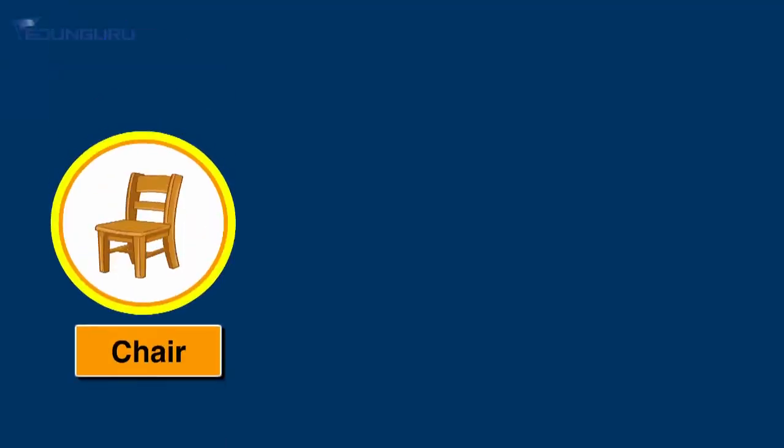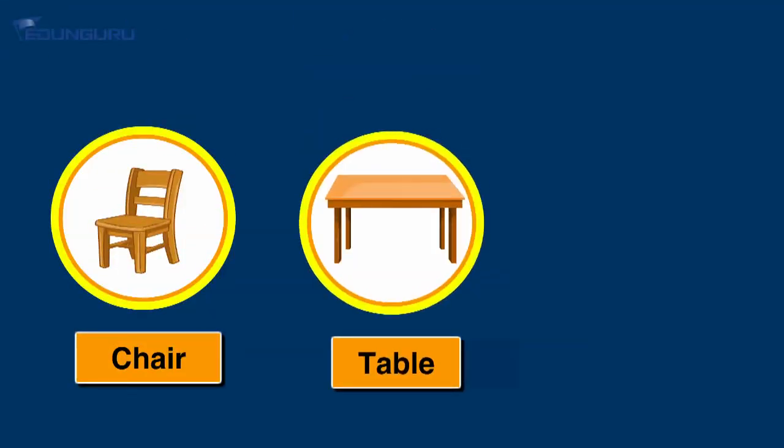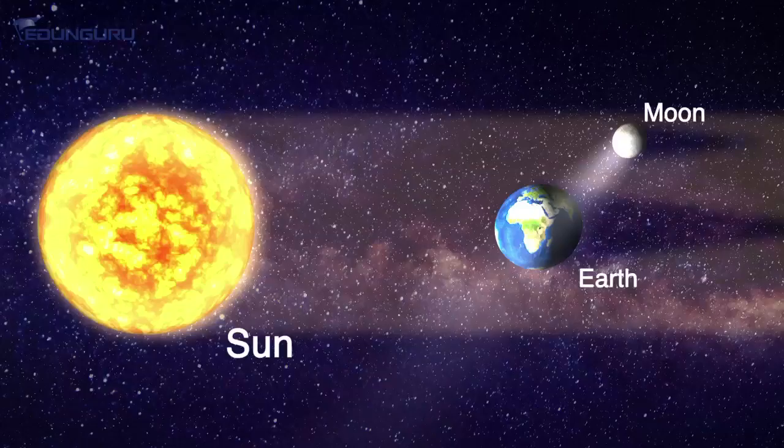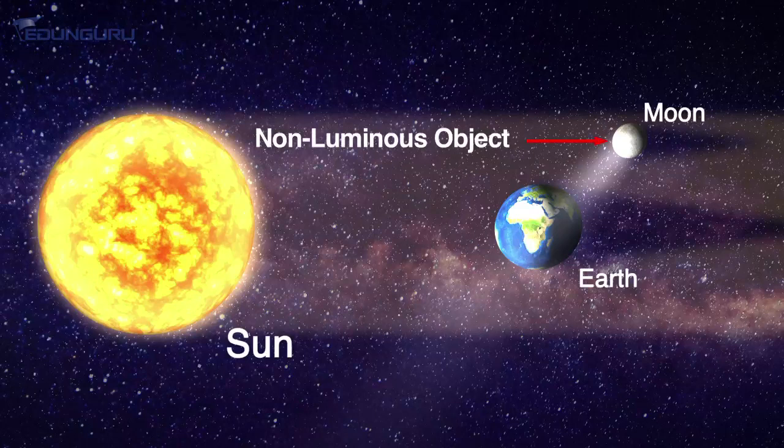For example, your chair, your table, your books, they do not emit light. And moon is also a non-luminous object because it does not emit its own light. Actually, that is the light of sun which we see. So, this was about light, luminous and non-luminous objects.